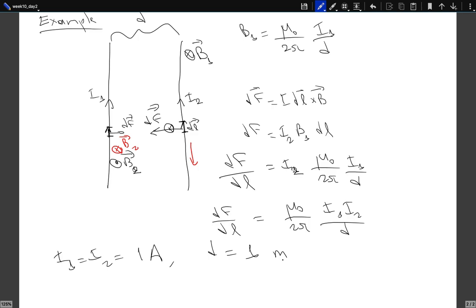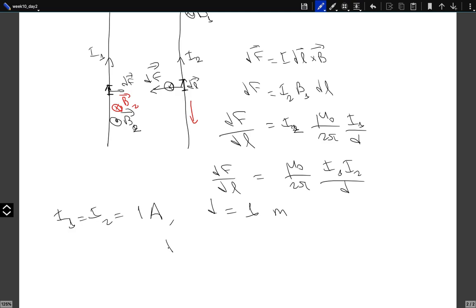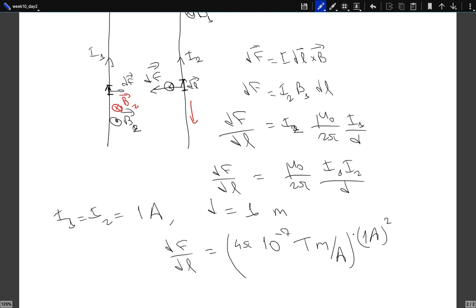Now let's calculate. dF by dl will be equal to mu 0, which is 4 pi times 10 to the power minus 7 tesla meters per ampere, I1 and I2 is 1 ampere squared, divided by d, which is 1 meter.